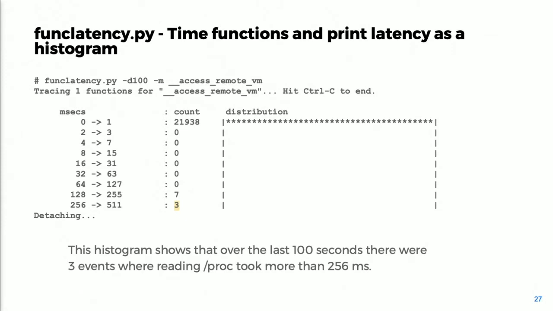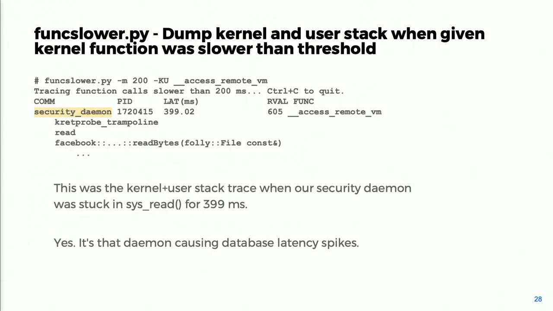Because reading proc environ will call into this function. And what I found here over the last 100 seconds, there were 10 cases where the latency of this function was more than 128 milliseconds. So indeed, something is reading the proc environ and sleeping for this long.